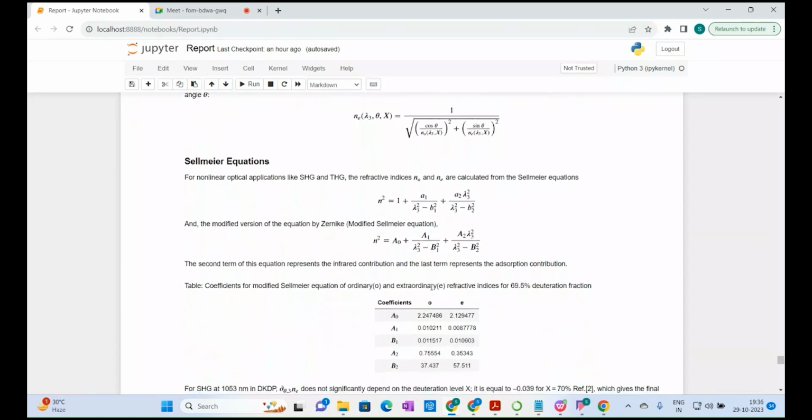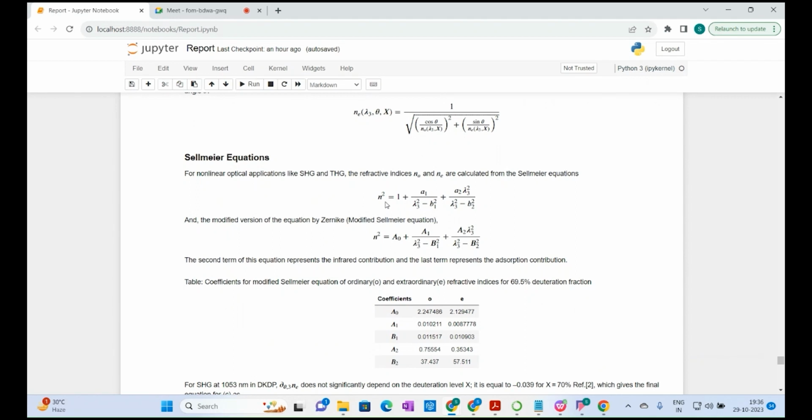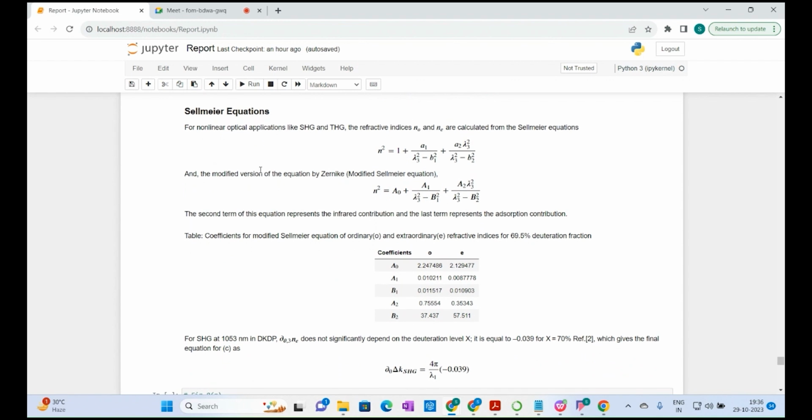And extraordinary index is theta dependent according to this relation, where the refractive indices NO and NE are wavelength dependent and are calculated using the Sellmeier equations.